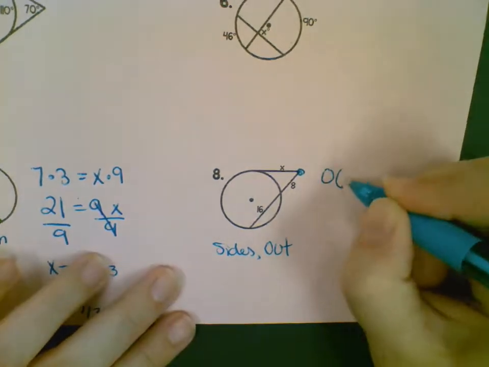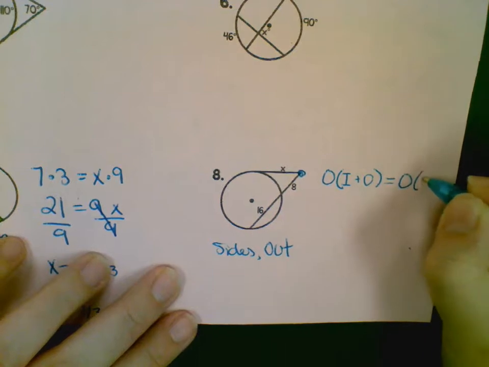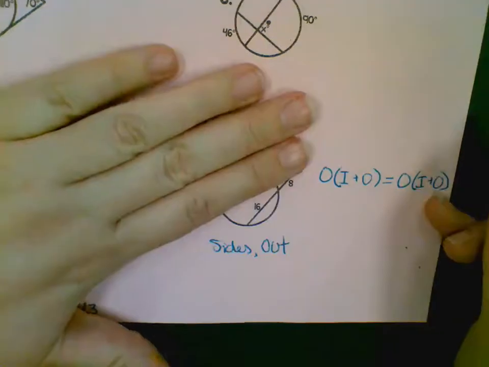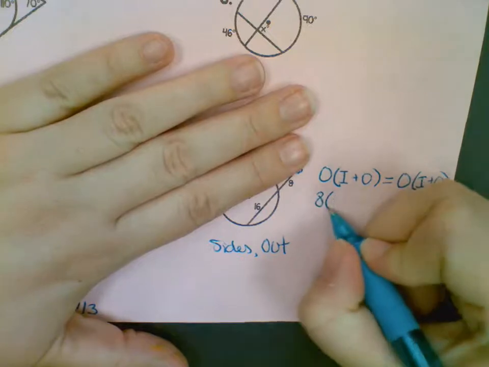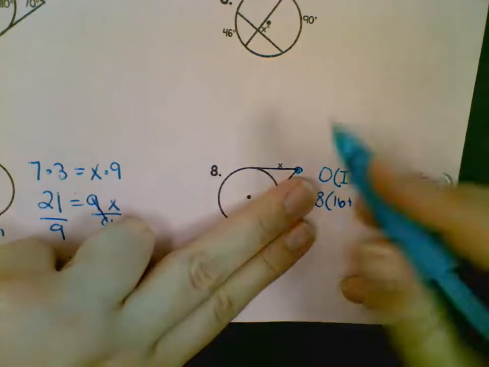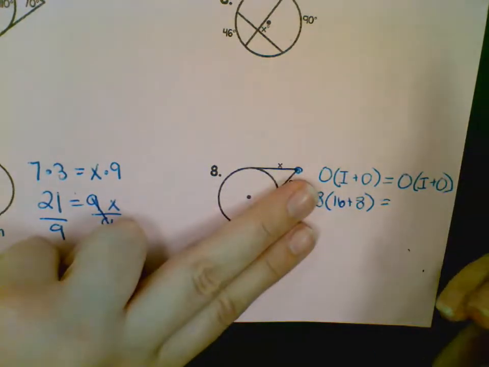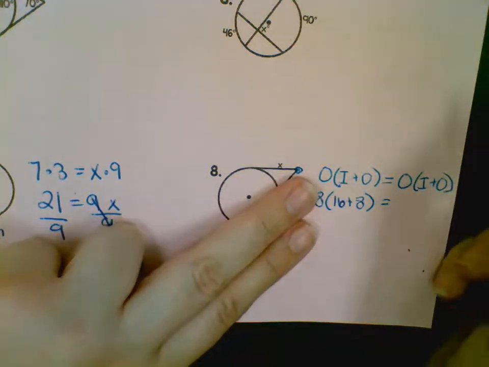So the outside times inside plus outside equals the outside times inside plus outside. So if we start with this line, outside is 8, inside is 16. So 8, 16, 8. So the other line, does any of this line go inside? Nope. So what's the length of the line inside? 0.